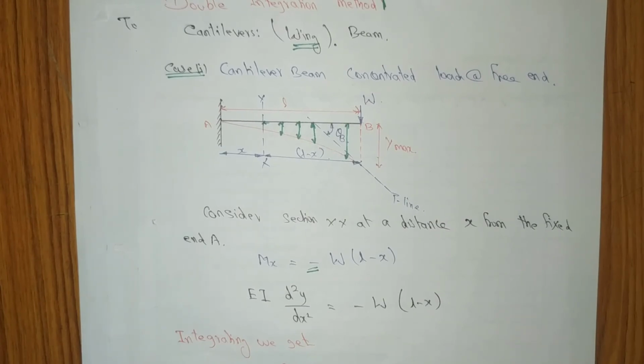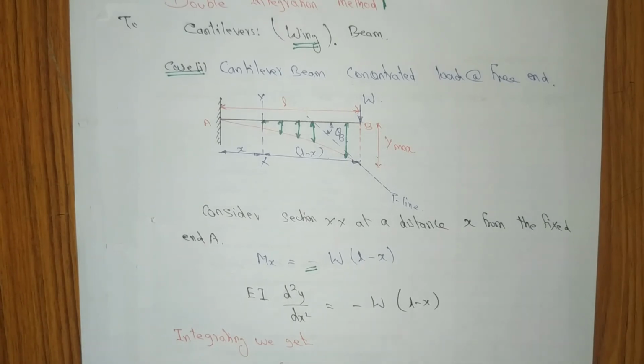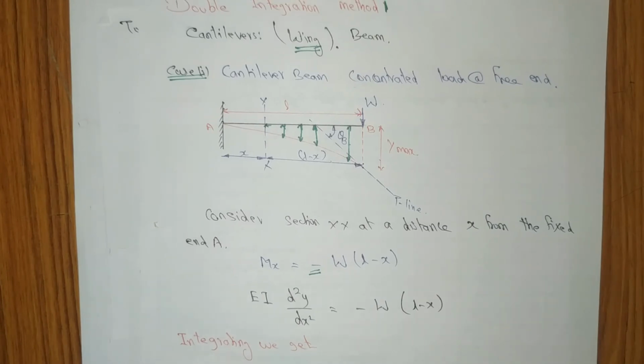You have to remember these cases. For the fixed beam and simply supported beam, we'll see in the next class. We have to apply the same method for all the cases, for cantilever beam, fixed beam, overhanging beam, simply supported beam.